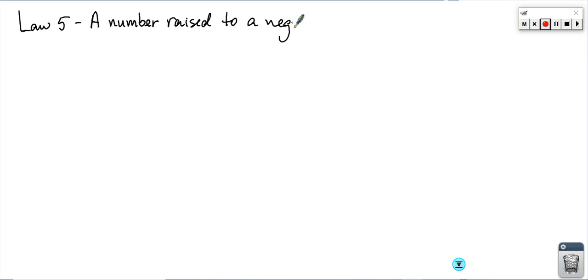Law number 5. Law number 5 is the law of negative powers, which states that a number raised to a negative power is a reciprocal.